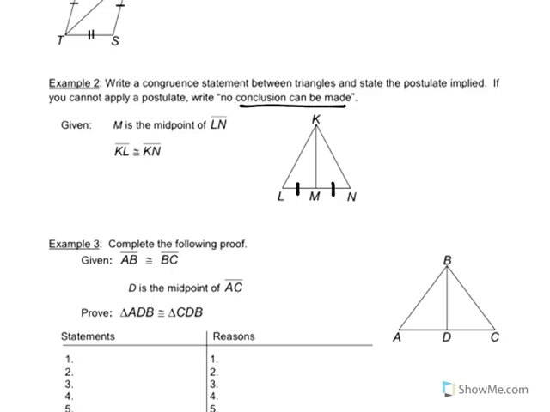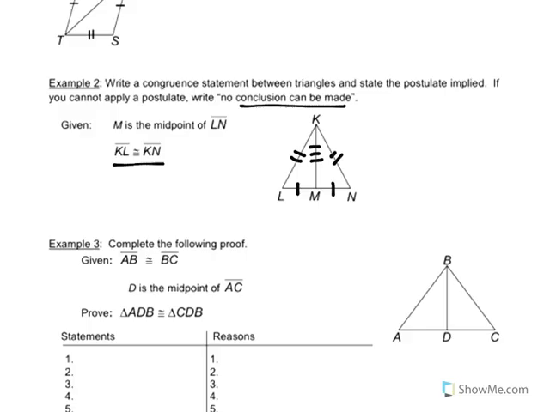Creates 2 congruent segments. Okay, then we are given that KL is congruent with KN, so we have this. Now, what else? Anything else that we can conclude about this triangle? Well, yeah, we can say KM is congruent with KM, reflexive property.